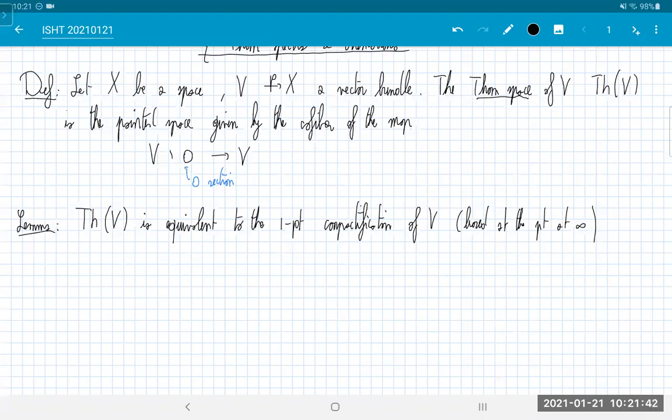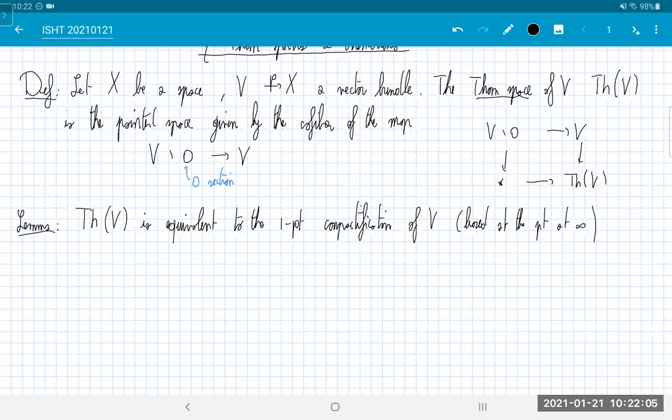So there, how is V pointed, or how do you get the pointing of the Thom space in the definition? It's a cofiber. It's a mapping cone. I'm pointing at the cone point. Yes. If you want, okay, let me actually write the cofiber diagram. You have a square like this, and the pointing is this bottom arrow.